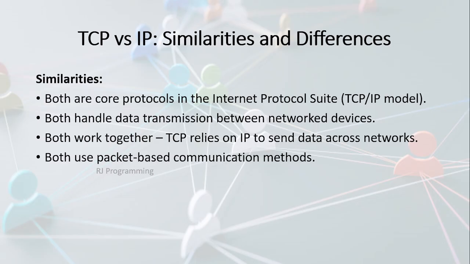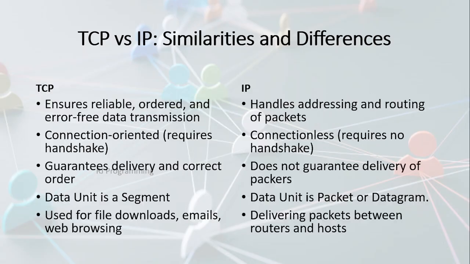And although we always say TCP/IP in the same breath, and often they are viewed as one entity, they play very different roles while still working hand in hand. Let's start with what they share. Both are essential to data transmission over the Internet, and both use packet-based methods to move information between devices. The difference lies in their focus.